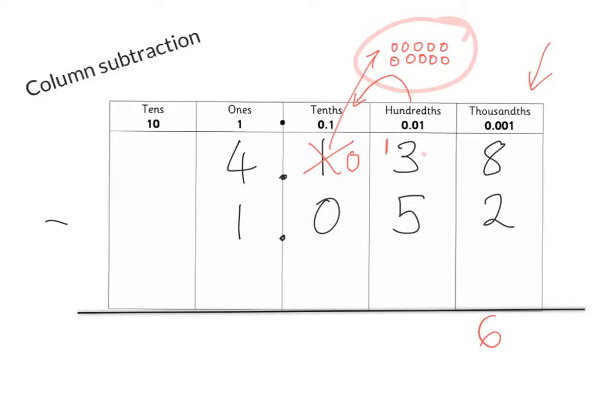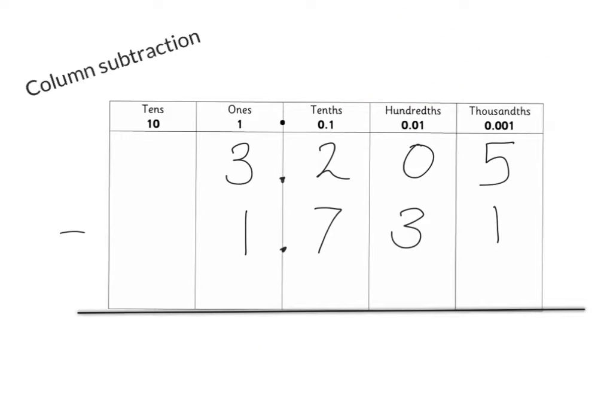So now I can do that. 13 take away 5. 1, 2, 3, 4, 5. I'm left with 1, 2, 3, 4, 5, 6, 7, 8. 0 take away 0 is 0. Decimal point. And then 4 take away 1 is 3. 3.086.